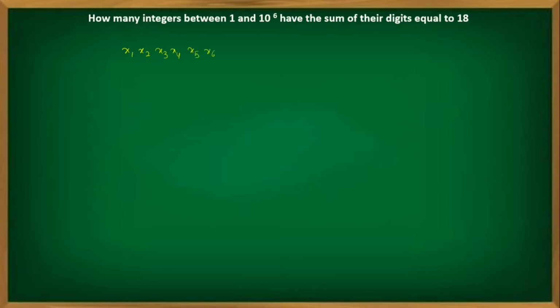Now here each xi represents a digit. You may suppose this is a 6-digit number.